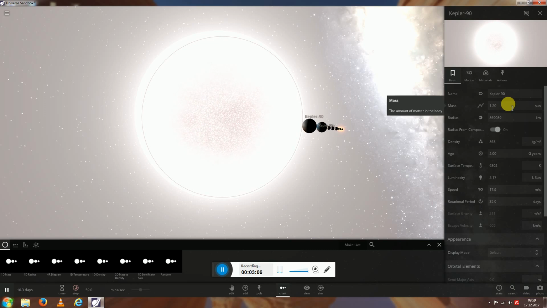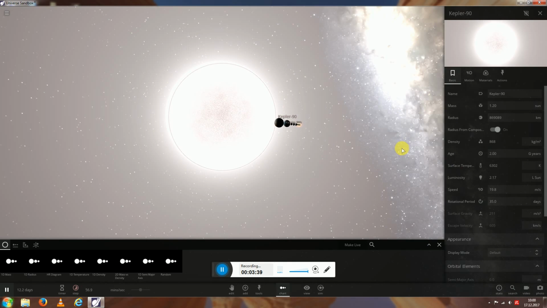Now I will talk more about the main sequence in a later video, but in short, it's not in middle life, but it's past the stage of being born. It's now in its slightly later stages after being born from a planetary nebula. I will talk more about that in a later video as well, but it's now in the stable part of its life.